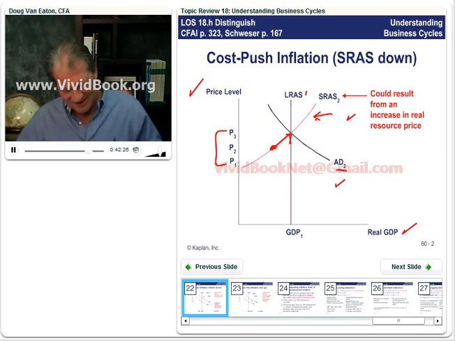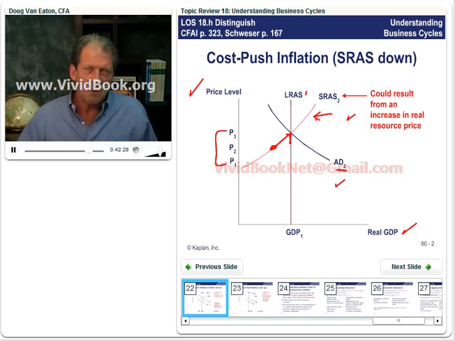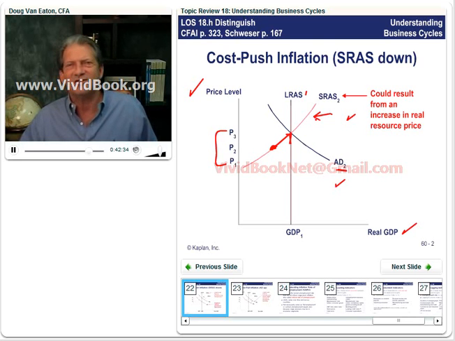Then prices go up. Then OPEC says, well, look, $30 a barrel just doesn't cut it anymore. We're going to change things and go to $35 a barrel. And then we could repeat this process, this cost-push process, over time. But I just wanted to emphasize that cost-push was the reason it started.